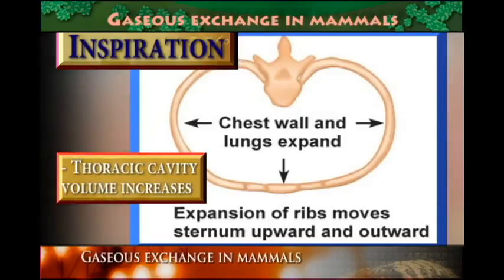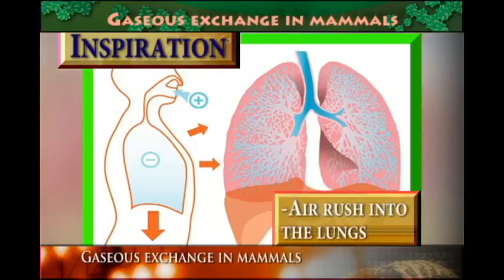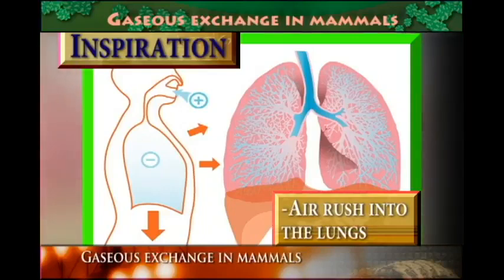And when the thoracic cavity volume increases, the pressure in the lungs decreases below that of the atmospheric pressure. And this is going to force the air to rush into the lungs.